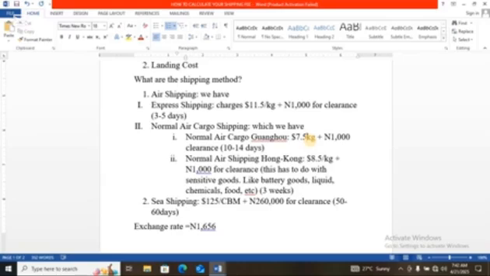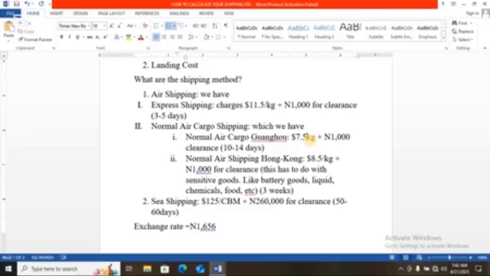You can use the express shipping to ship it, but when you are using the normal cargo shipping, they are going to make use of the normal air shipping using the Hong Kong route. Sensitive goods are like any good that has to do with battery, liquid, food, chemicals. As long as it is a sensitive good, they make use of the Hong Kong route, and it takes approximately 3 weeks.